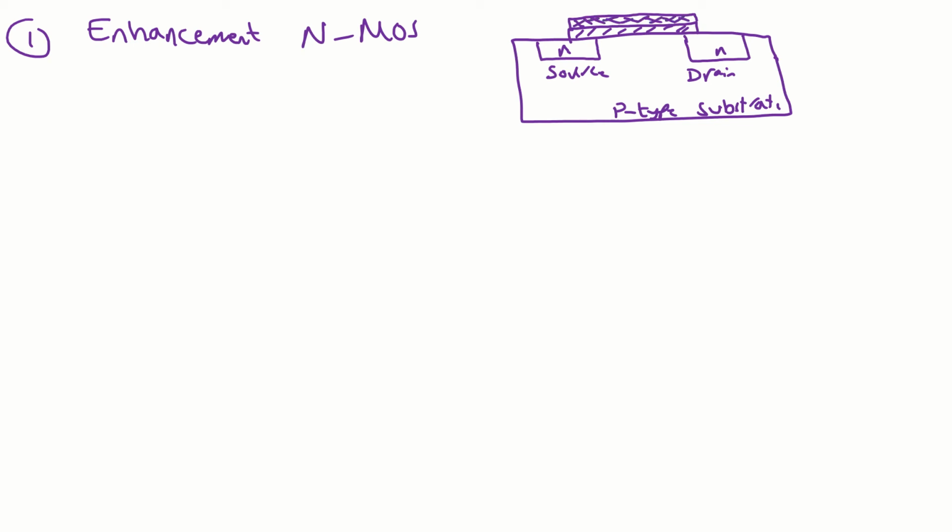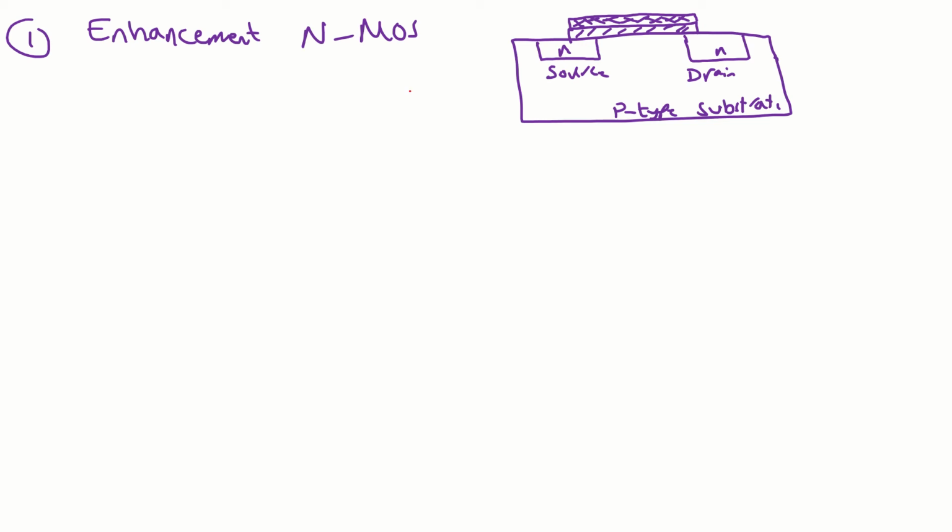In the new technology this layer is replaced with highly doped polycrystalline silicon, which has the properties of metal and has better properties at the surface with the oxide. So we can see we have the following layers.